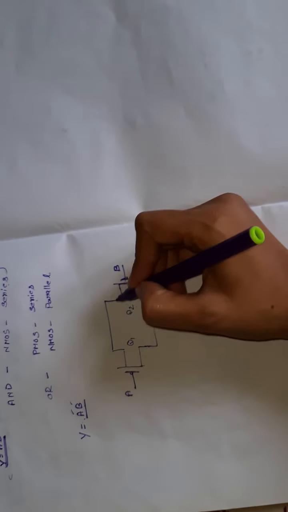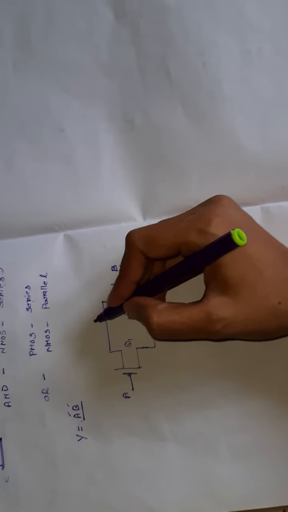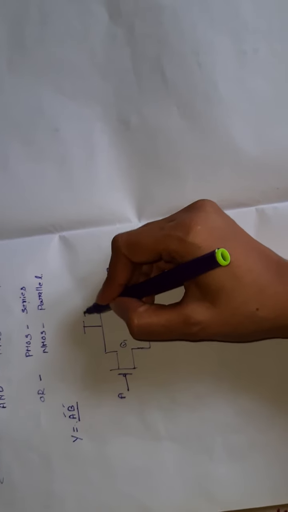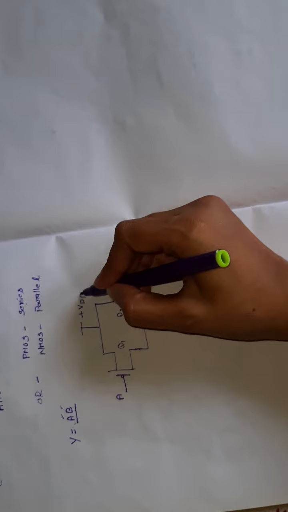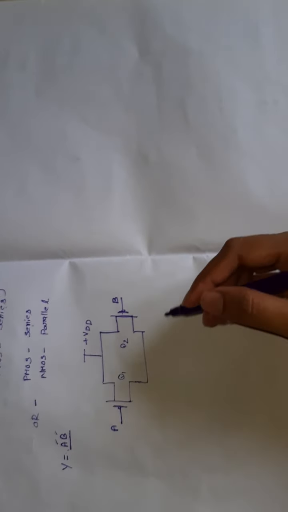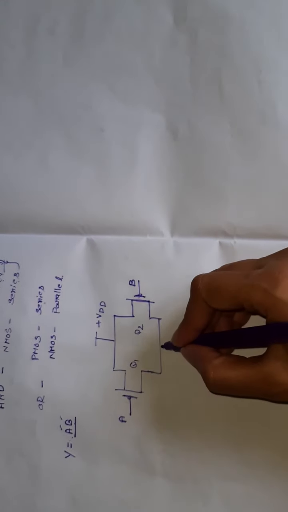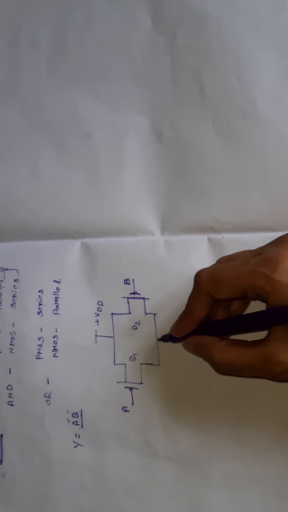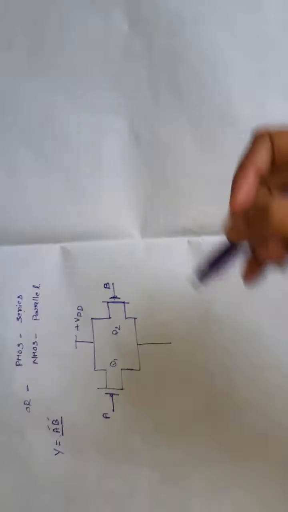So always the PMOS network, that is the pull-up network, should be connected to plus VDD, and the NMOS transistors should be in the pull-down network. So the NMOS transistors should be in series representation.